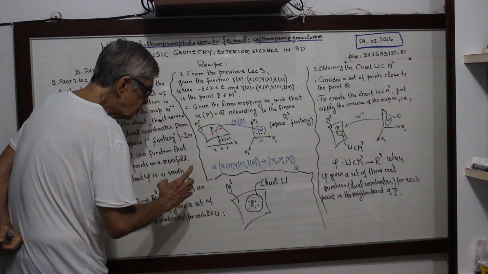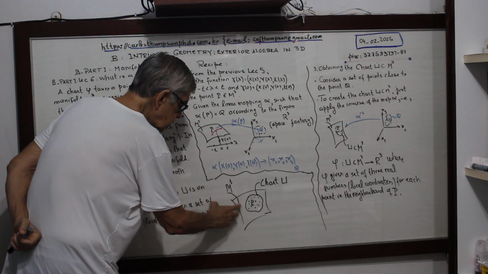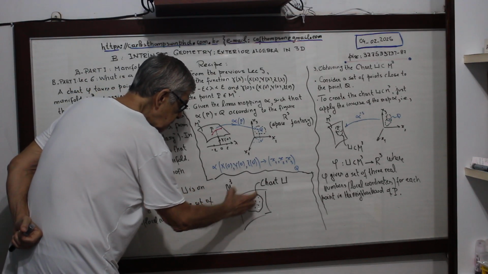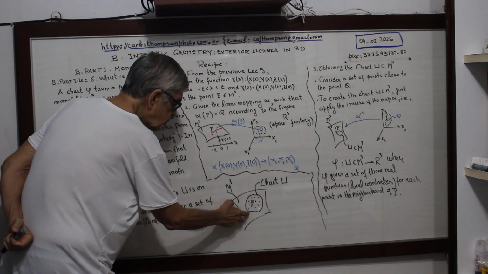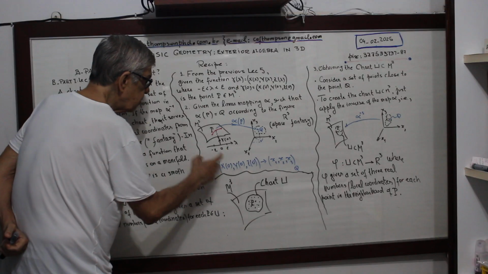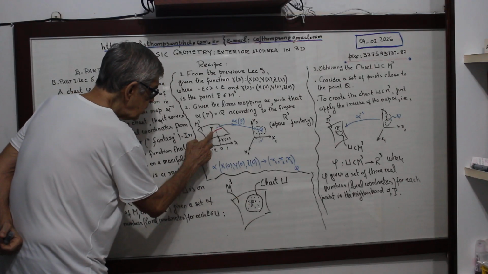Now, attention. This is the map. The map brings points from Q to the manifold. That's important. You see the point P over here.